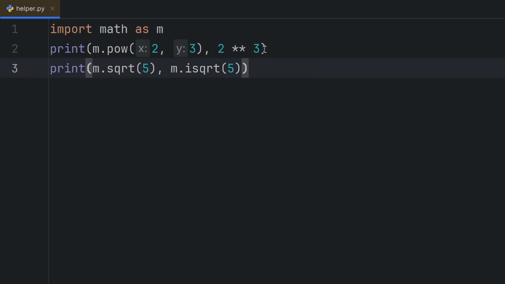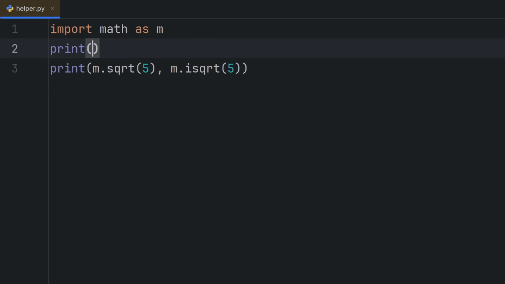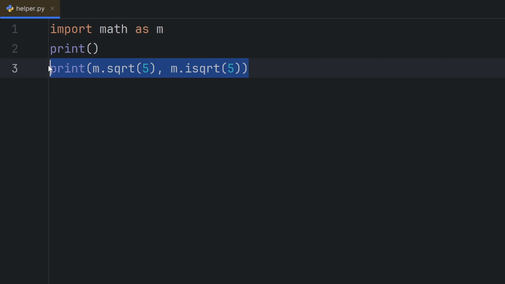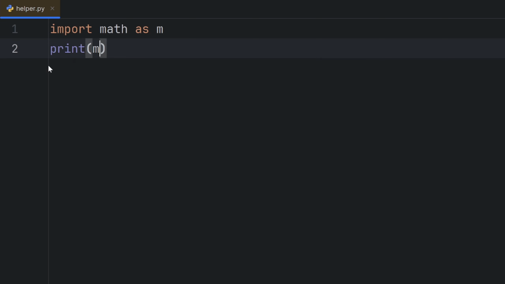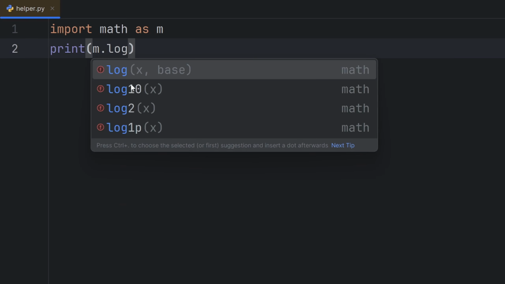If you want logarithmic function, you need to write m.log. These three are the base because they're commonly used. So this is log with base 10, log with base 2, and I don't know what this is. I usually use only these two and this one here.